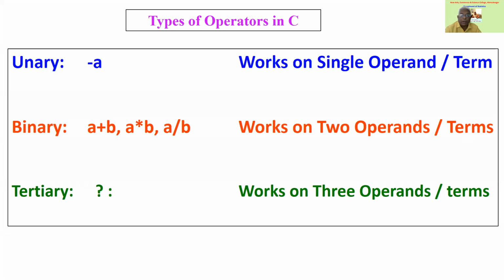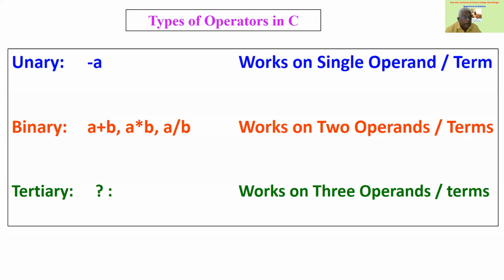It is called as binary operator because plus is applicable if you have two terms A and B. Star you can apply if you have two terms A and B. You can perform division if you have two terms A and B. And that is why plus, star, slash, these are the binary operator that requires two terms, two operands.